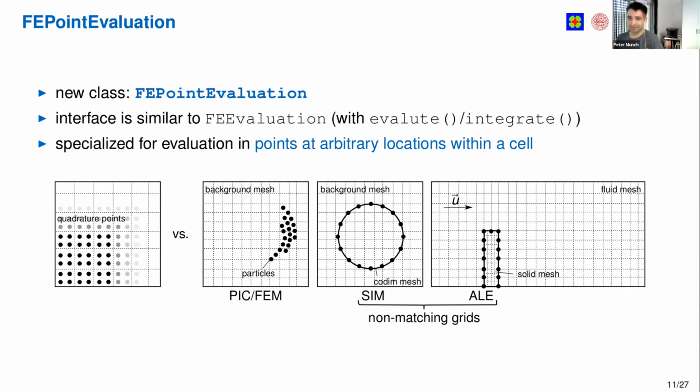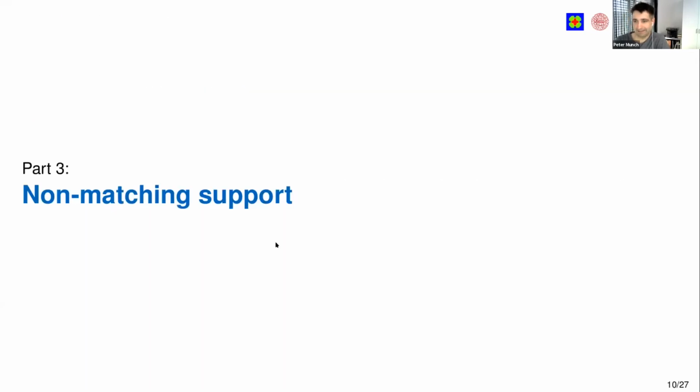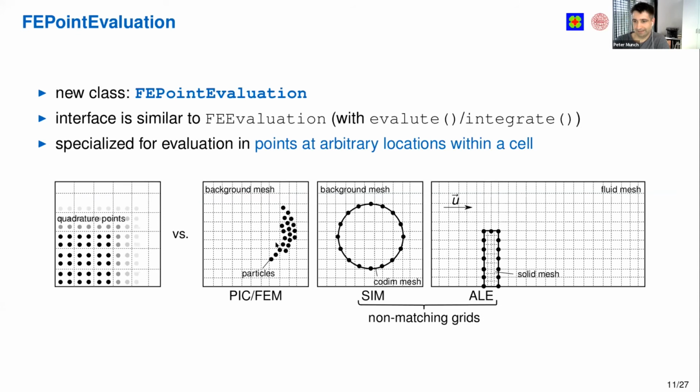So possible applications of this are, if you want to combine or couple particles with some FEM solution, like indicated here in the left picture. And if you want to couple a fluid with a structure, when you have to exchange data like deformation or stresses at the quadrature point level.